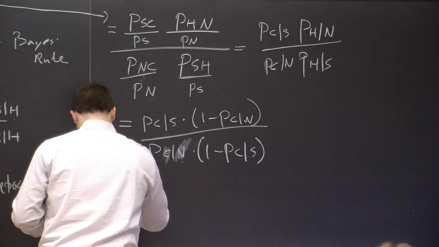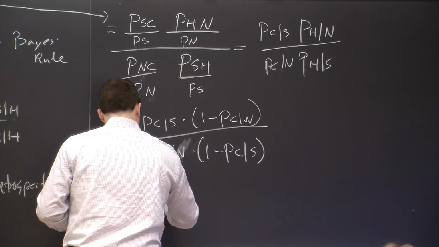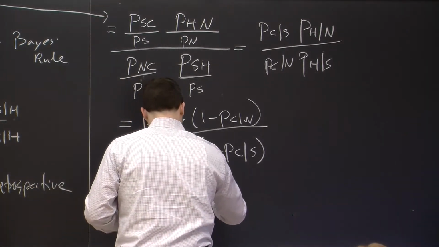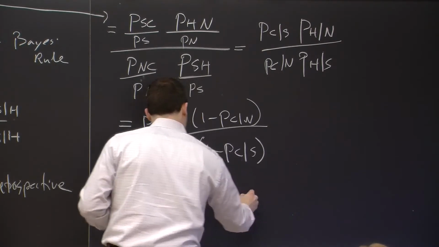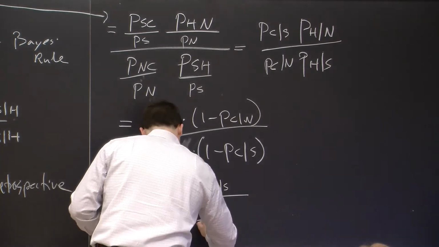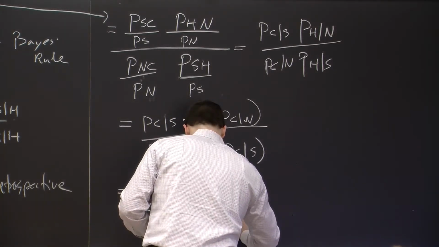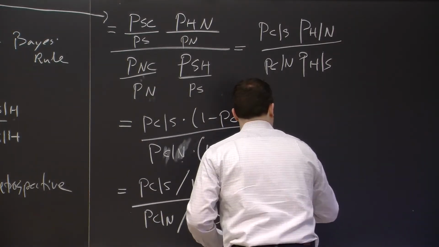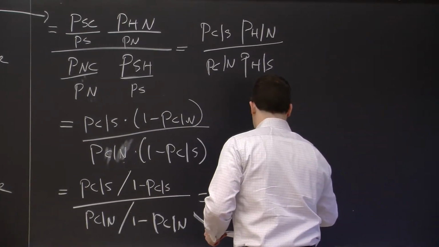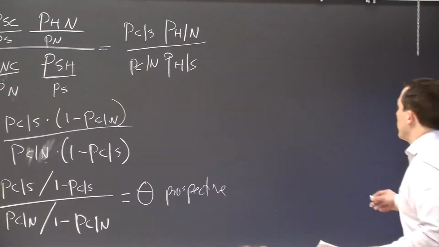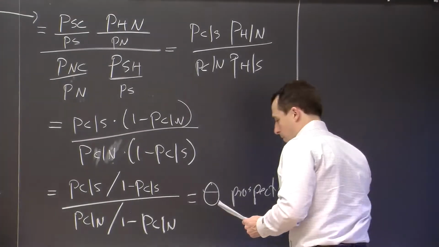And then that's an odds ratio for the prospective study: probability of cancer given smoking divided by 1 minus probability of cancer given smoking, over probability of cancer given non-smoking divided by 1 minus probability of cancer given non-smoking. Okay, so that's the prospective. If you didn't believe me those were equal, that shows you those are equal.